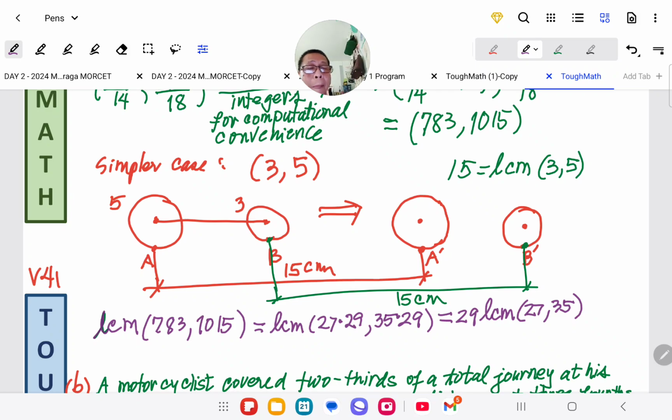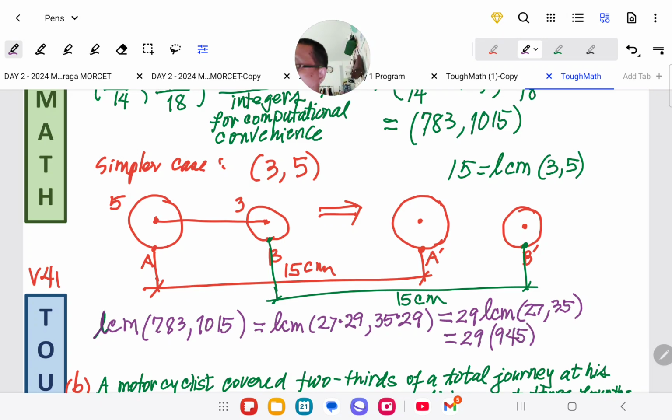Now, since 27 and 35 are relatively prime to each other, just like 3 and 5 in our simpler case, we simply multiply them. If you multiply 27 and 35, we get 945.